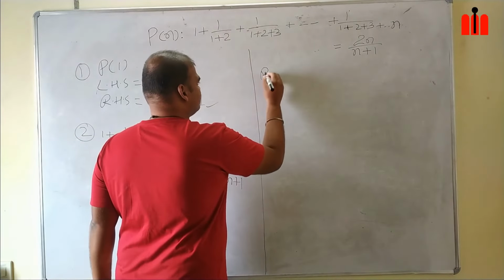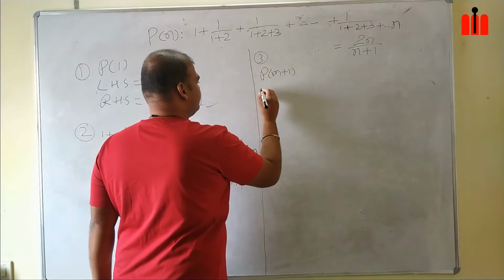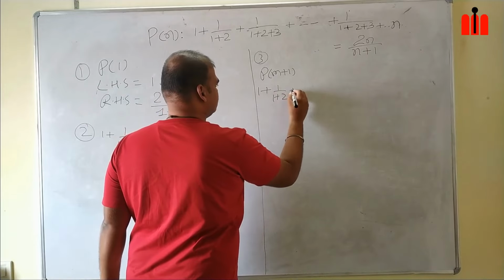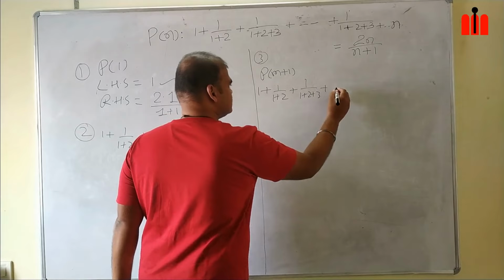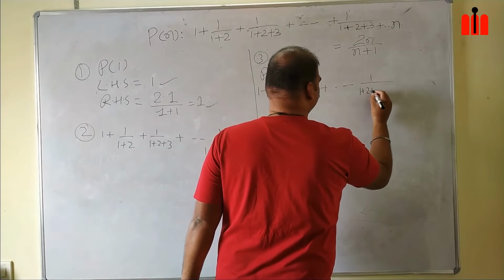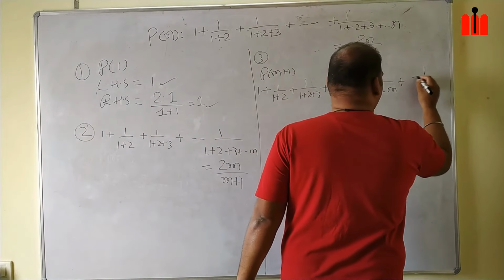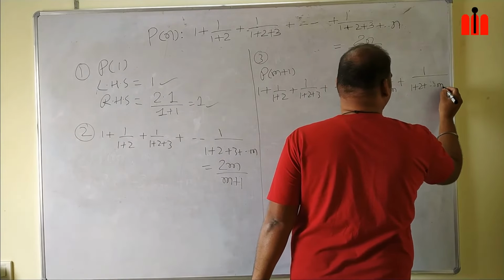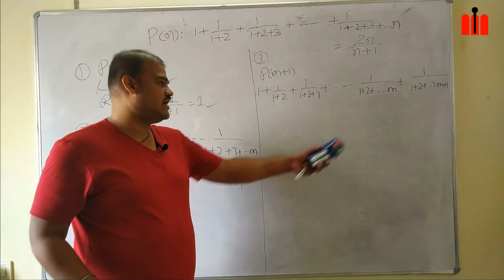Now my P(m+1) will be, so this is my third step. For P(m+1) it will be 1 plus 1/(1+2) plus 1/(1+2+3) plus ... up to 1/(1+2+...+m) plus 1/(1+2+...+(m+1)). Okay, so why had I written the m step?